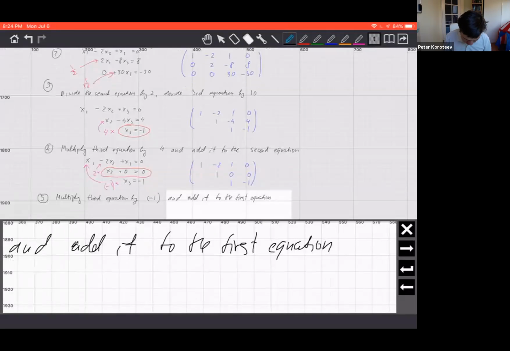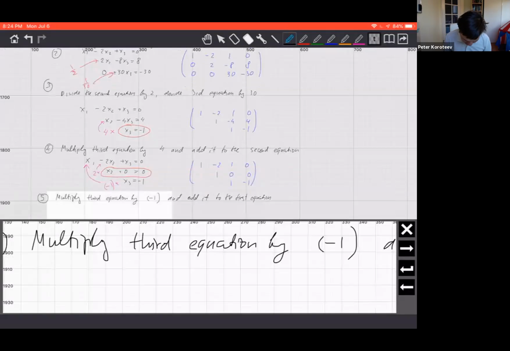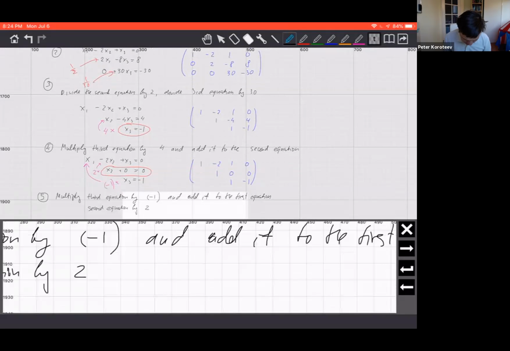And multiply the second equation by 2 and add it to the first equation.